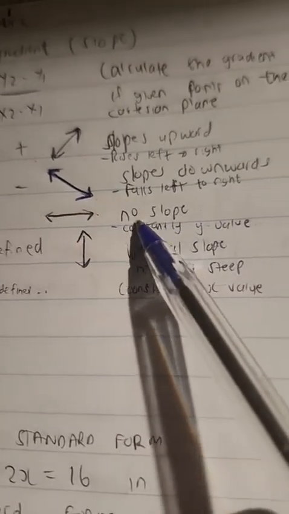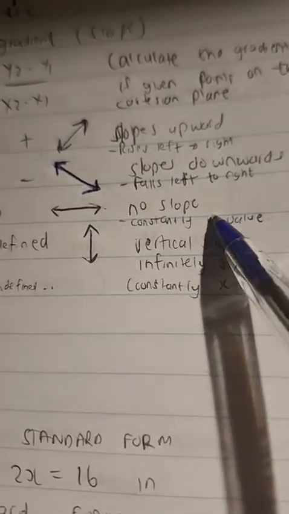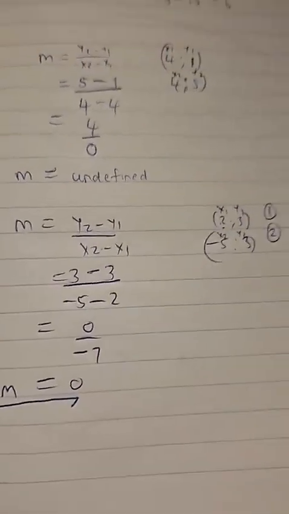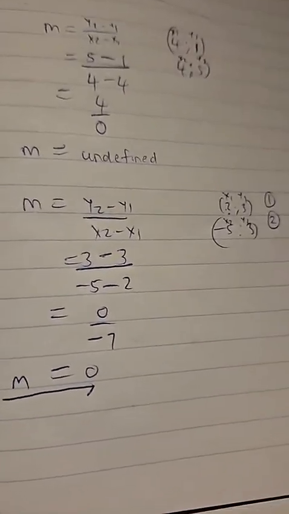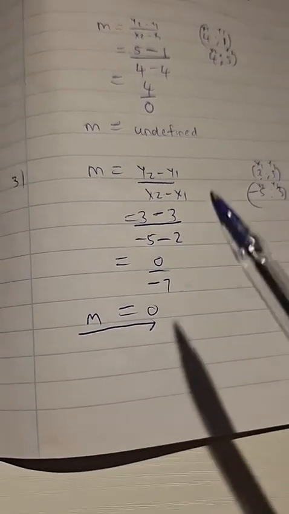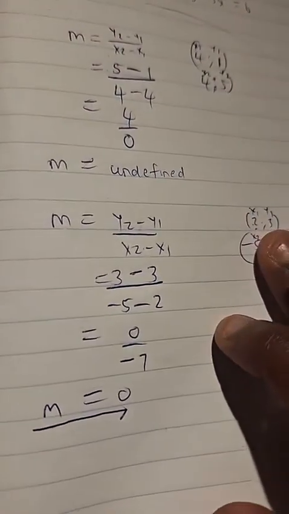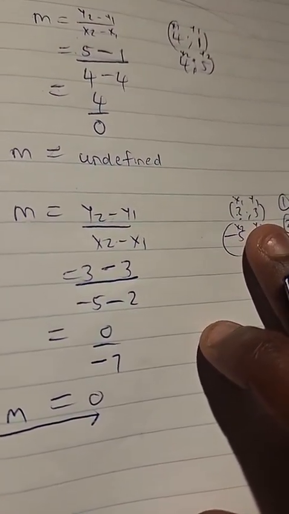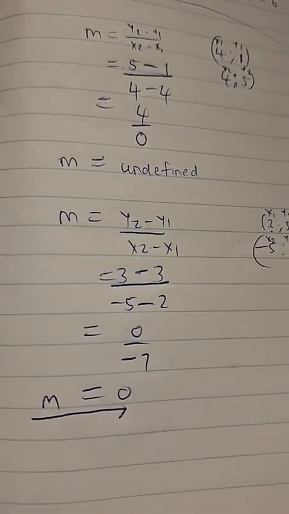But if the gradient is equal to 0, there is no slope, and our value of y is constant, meaning it is the same throughout this horizontal line. These are key concepts, and all I'm doing here is unpacking the concept.